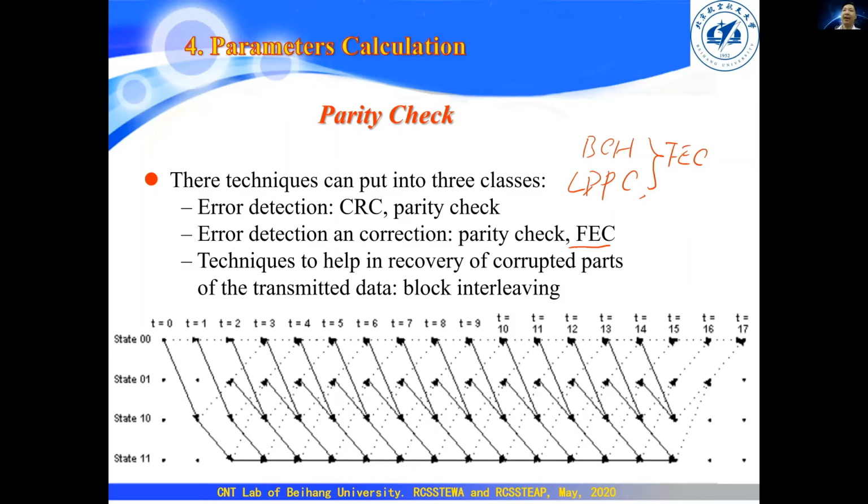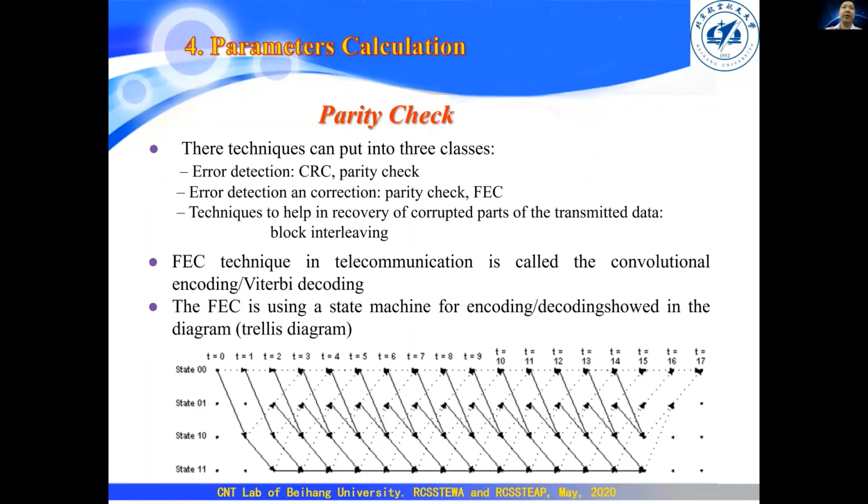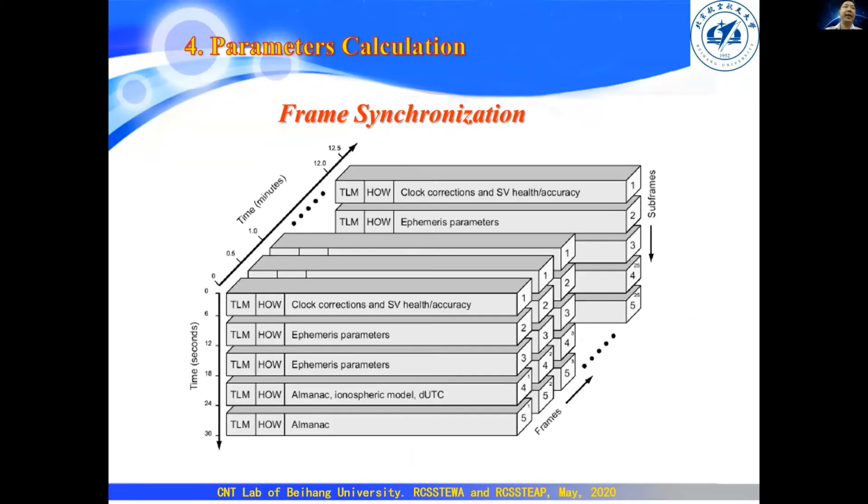Parity just lets you know you lost the data, you lost the note. But error correction not only lets you know the data is lost, but also recovers it. So FEC technology is used in today's signal structures. Okay, this is the parity check, and after the synchronization, we will decode by each frame.